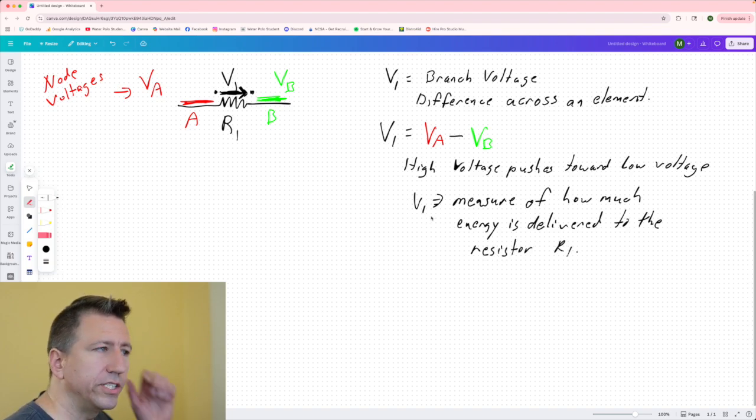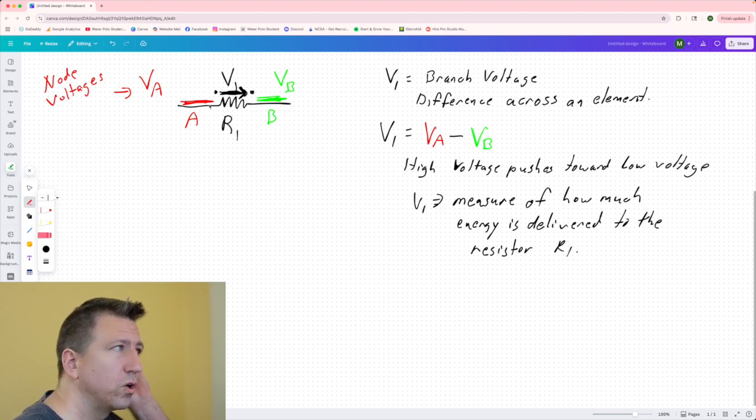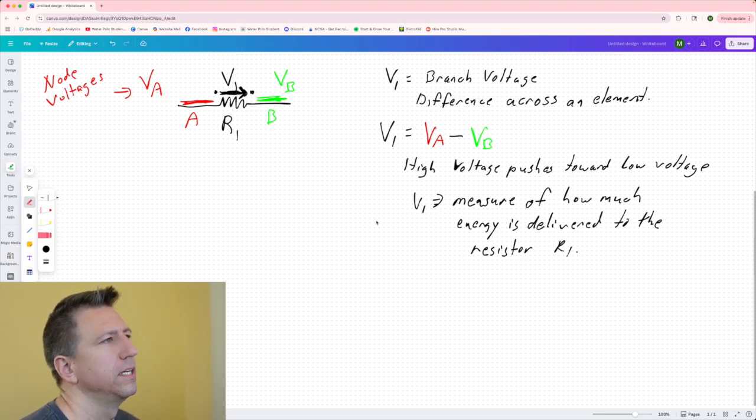Okay, so it's energy per coulomb. So if 1 coulomb comes through, then we have V1 energy that's delivered to that resistor, and that's how it goes. So that's the basics of voltage. At this point, that's all I want to talk about, and we'll get further into this as we look at circuit basics in the upcoming videos.